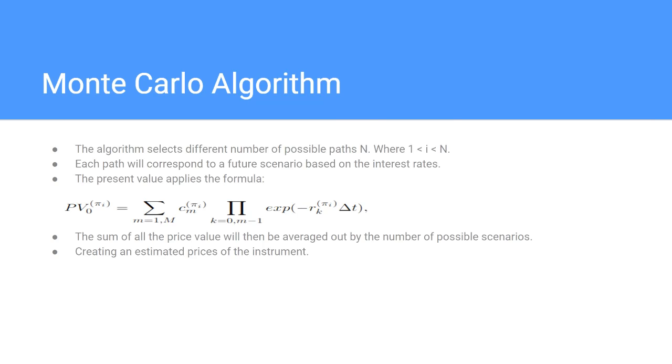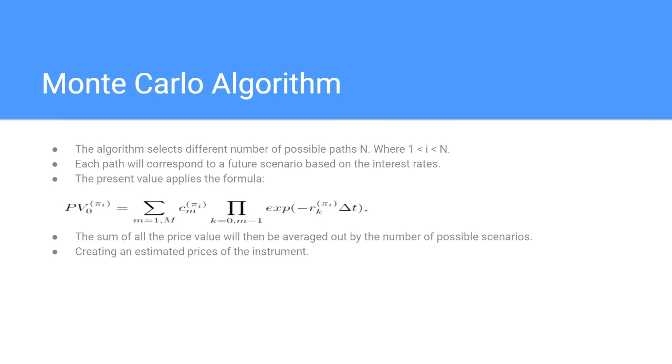So in this Monte Carlo simulation, we will predict scenarios based on what will affect interest rates, and we'll calculate the asset price based on each scenario. Then we will apply the formula at each scenario node.